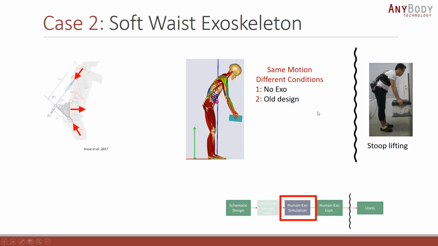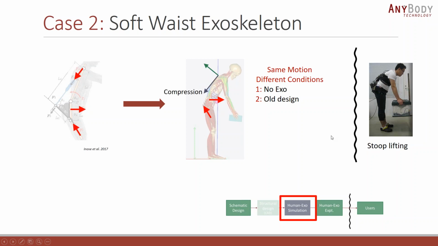The second condition was with the old design. They took the forces calculated from the schematic model on the left and applied these forces to the human body model. This was the old design because you can see that the force of the pneumatic actuator up here has two components, one of which produces compression.